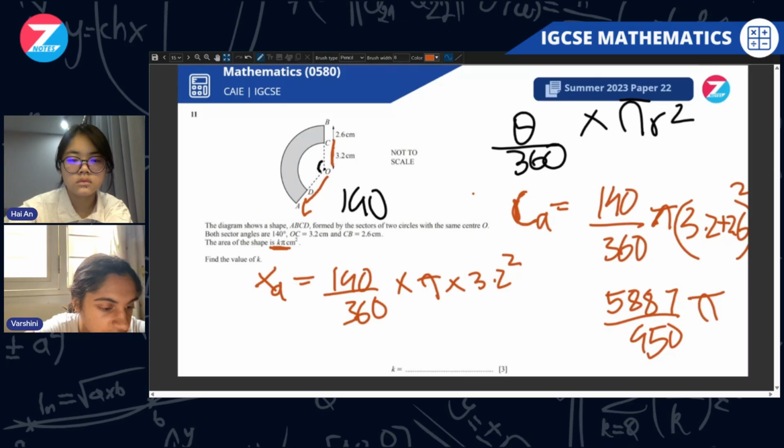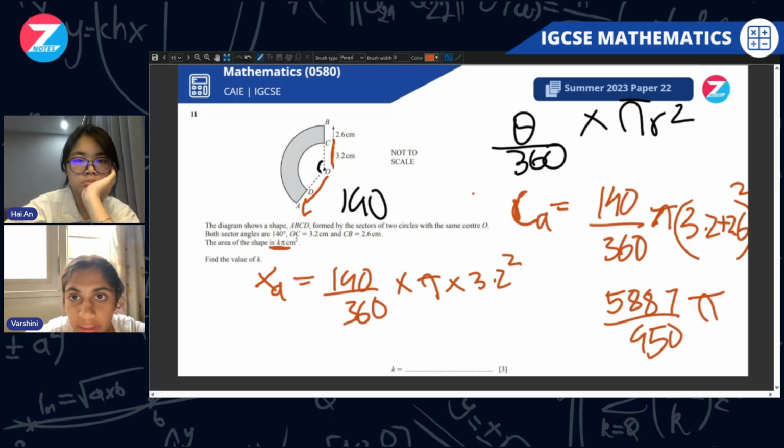Okay, so if you put that in your calculator, you should get a decimal. So what you're going to do is just take pi away from that number.